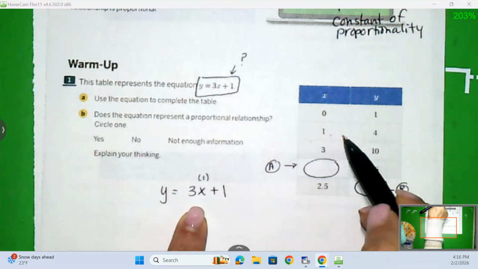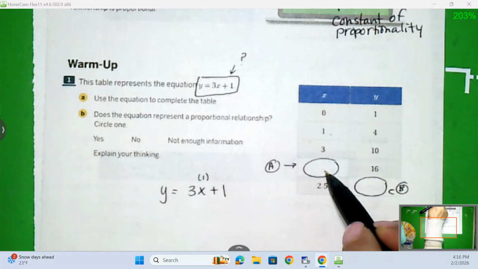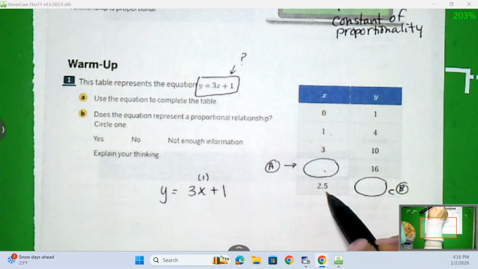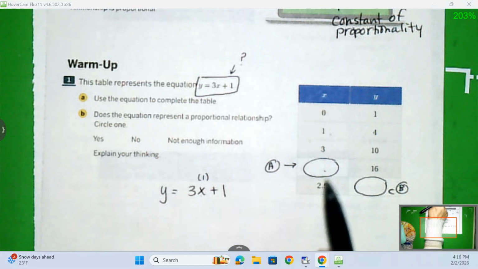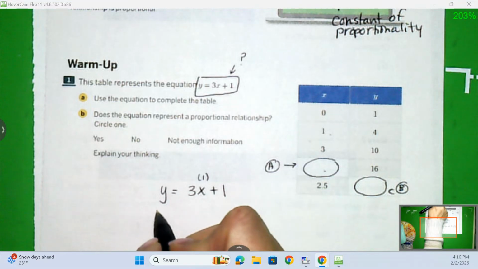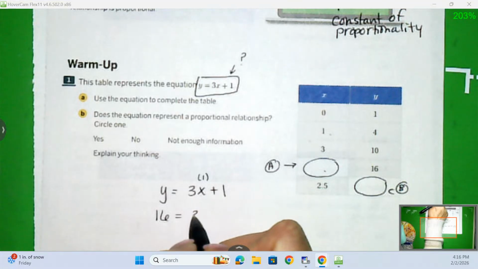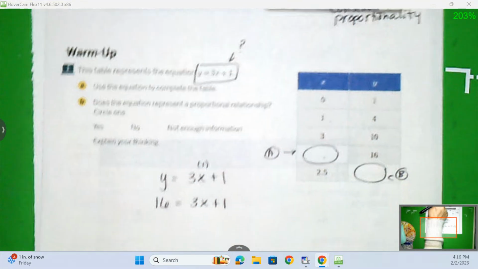It's like an input-output, and we're trying to find what number goes in here. It might be easier to do the last one because all we would have to do is put 2.5 into the equation. But we can work backwards too, because if y is 16, we can write 16 equals 3x plus 1, and then use our equation work to solve that.